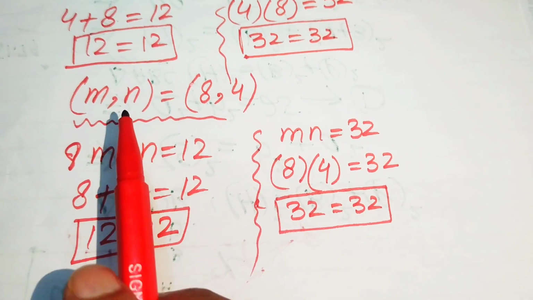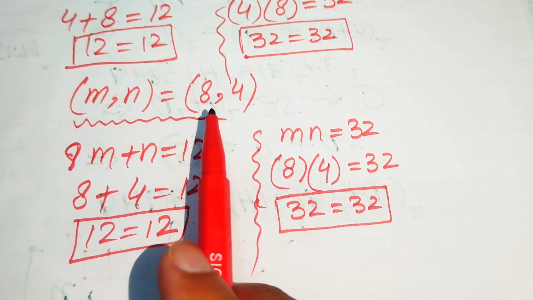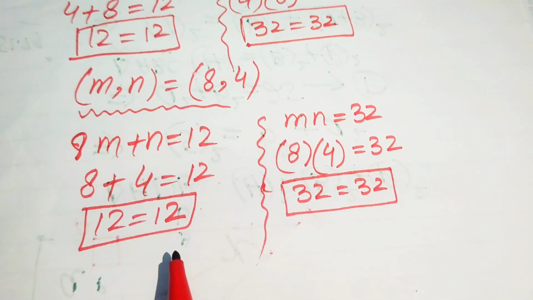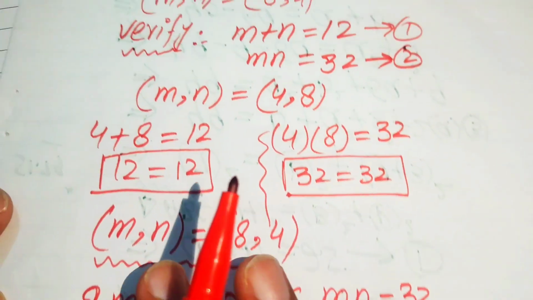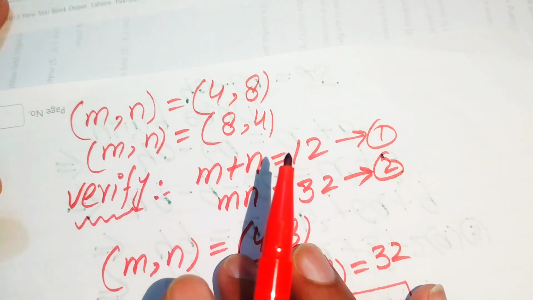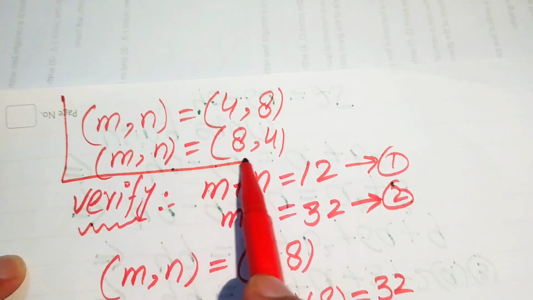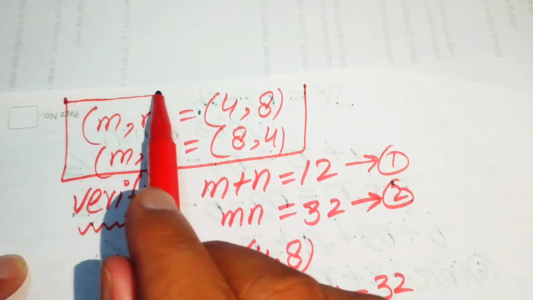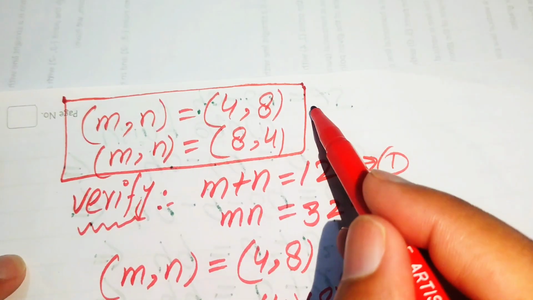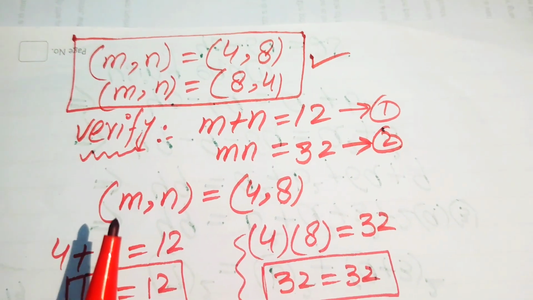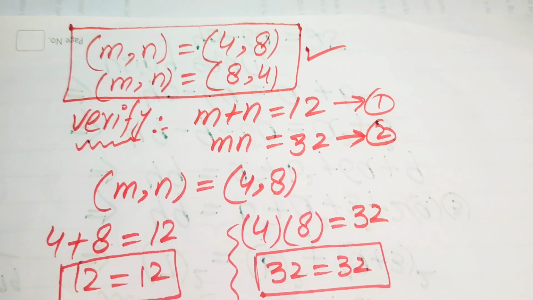So it means that the values of m, n, that is 8, 4, also satisfy equation number 2. So finally we conclude that these two values of m and n satisfy the given question statement. So these two values are the only solution of the given equation, and this is the final answer.